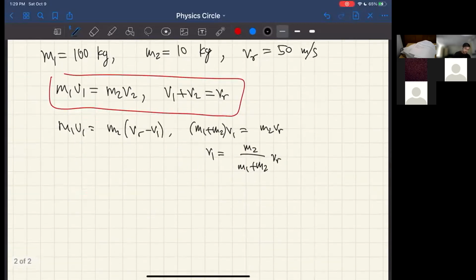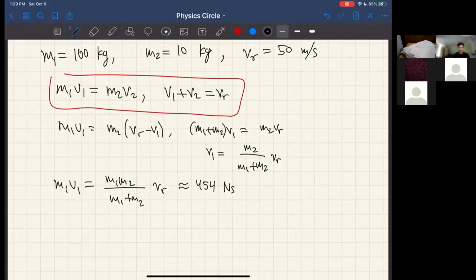So then that means that m1 v1, the total impulse provided, is m1 m2 vr. And if you work this out, this is about, as somebody said in the chat, I think it's like 454 Newton seconds. Okay. So relatively simple question to start off, but any questions about this one?